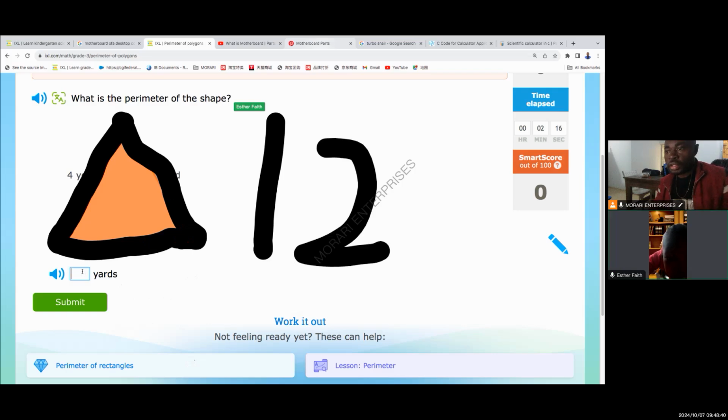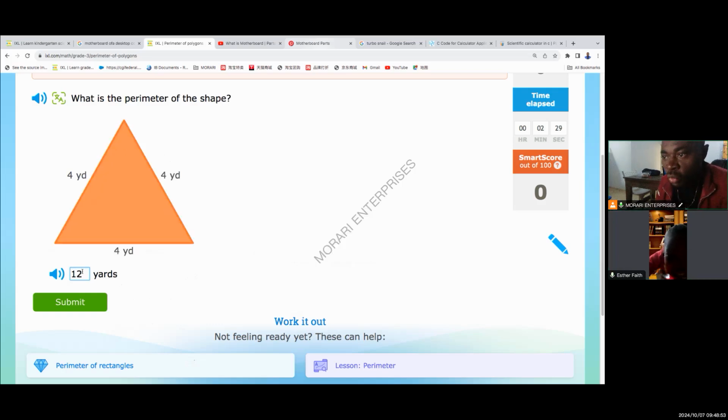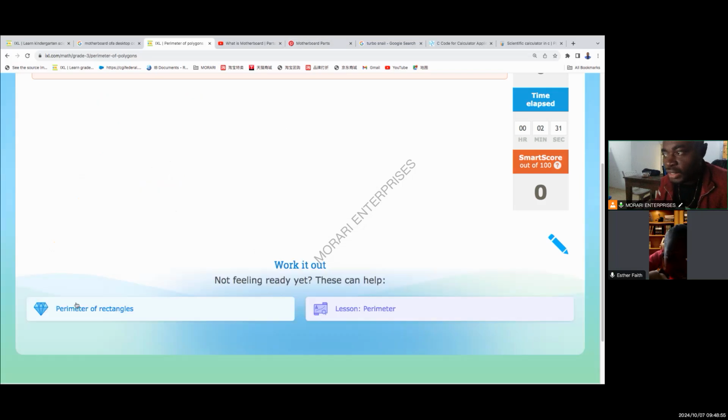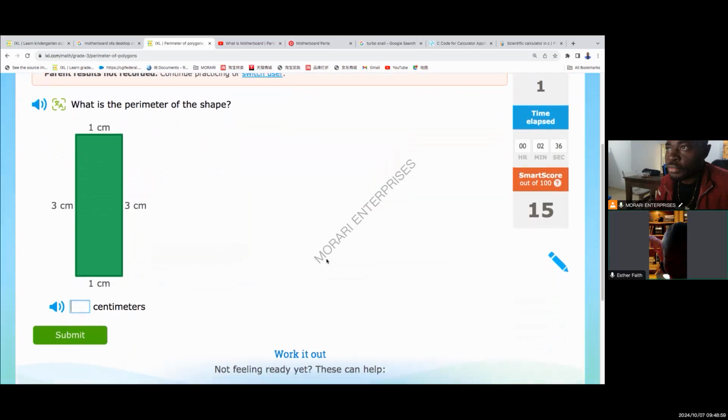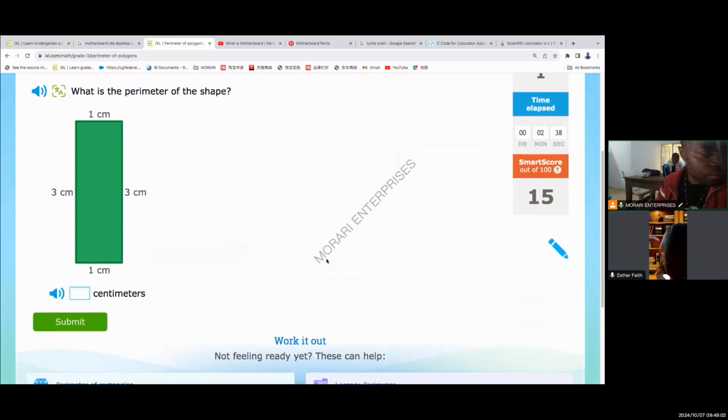So equals 12, you are wrong. It's not complete. Equals 12 what? 12 cocoyams? 12 yards. So again, read the question and answer very fast.